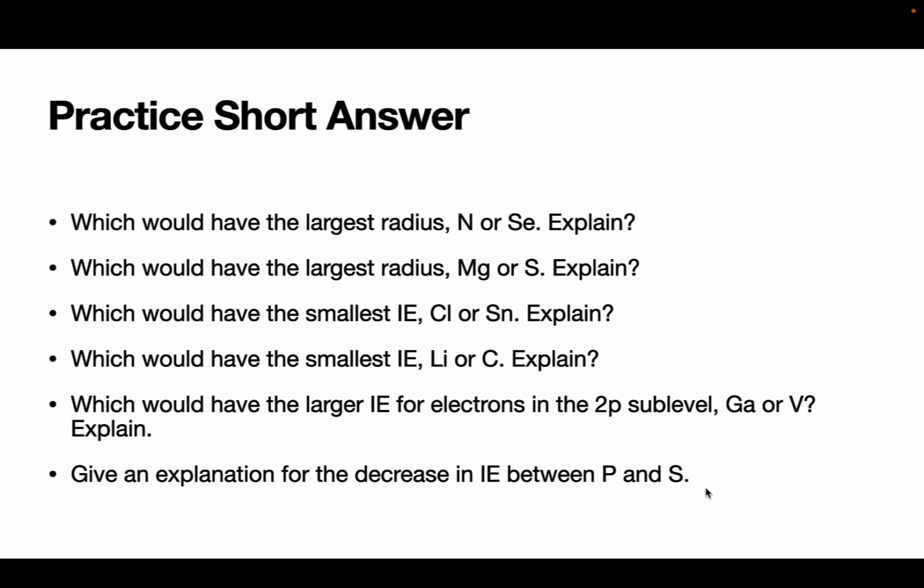Hopefully you understand these explanations. They are explanations we've been using for the most part throughout the unit. They do go to the heart of Coulomb's equation, which is that V equals K Q1 Q2 divided by D. And that equation is important for us to be able to look at the relationships between things and make some predictions based on those values and how they're changing.